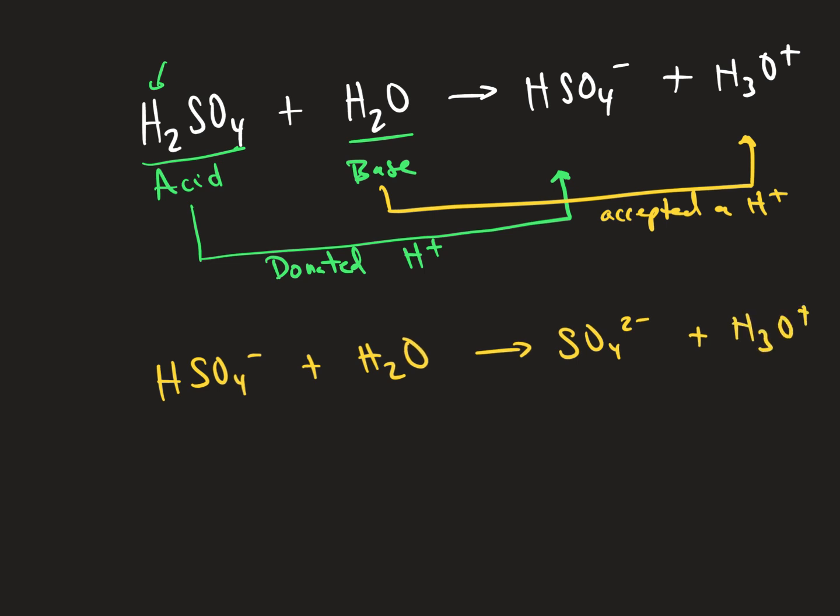Go ahead and determine which one the acid, which one the base is. This time, both of the reactants are amphoteric, right? So use the reactants to help guide your thinking. Which one donates a proton? Which one accepts a proton? That's how you tell.